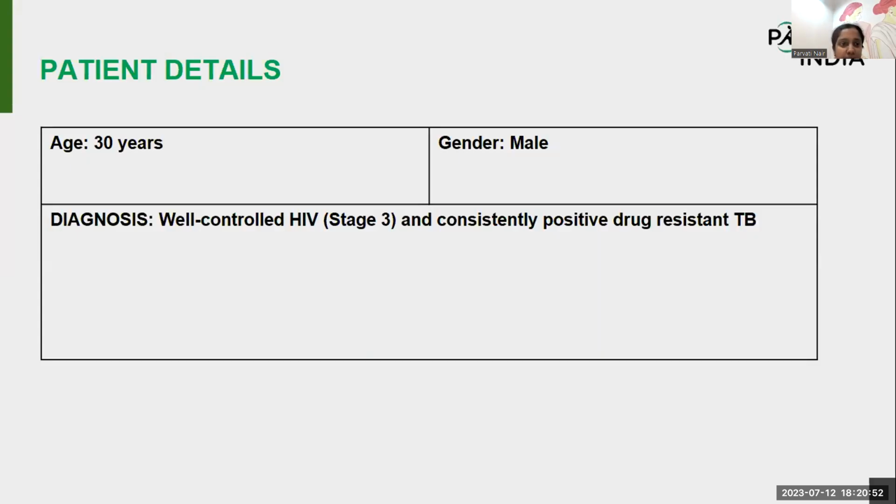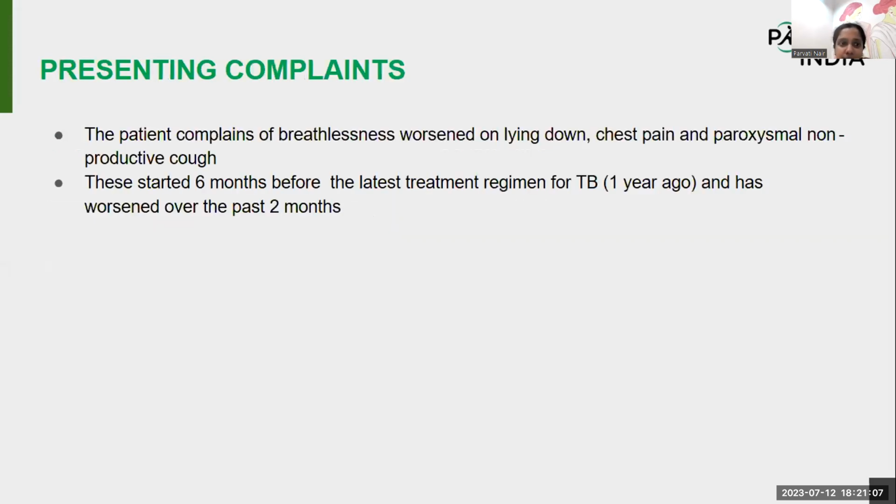Next slide, please. So this is a 30-year-old male patient, and the diagnosis is well-controlled HIV stage 3 and consistently positive drug-resistant TB. I'd like to mention this is only pulmonary TB. Next slide, please. Presenting complaints.